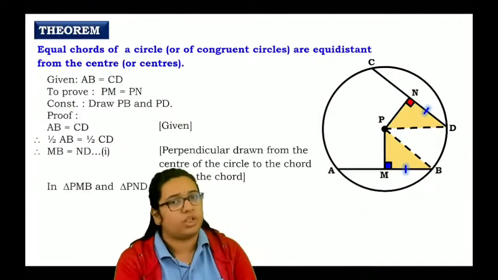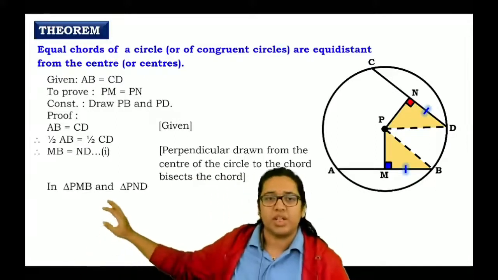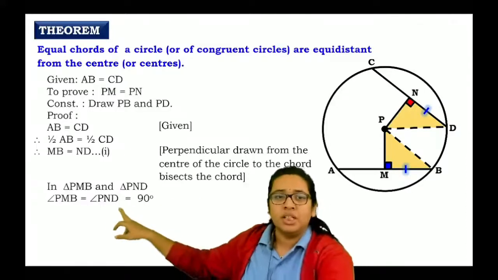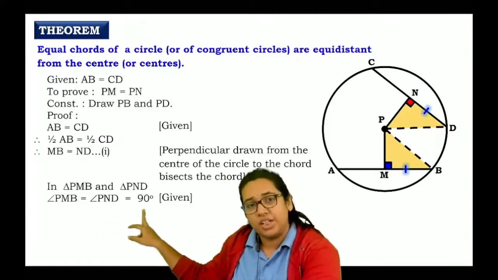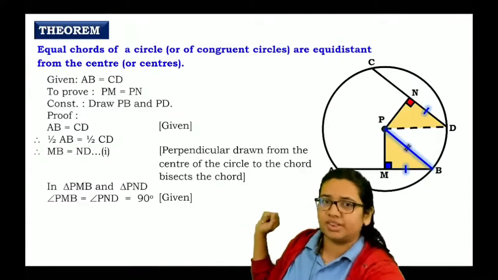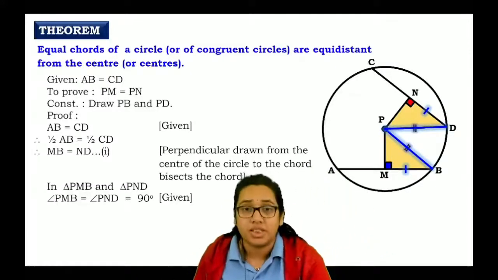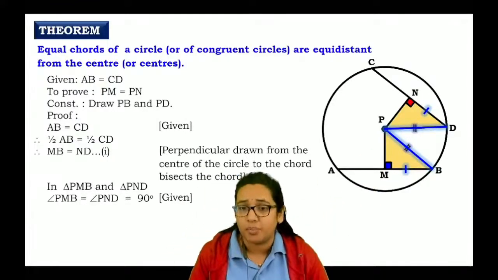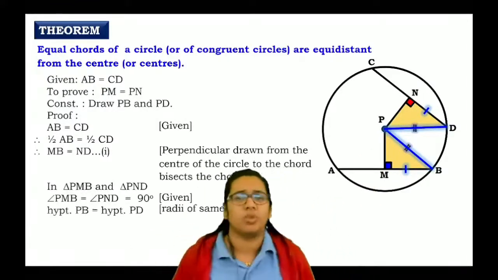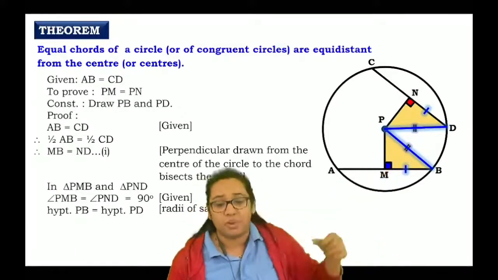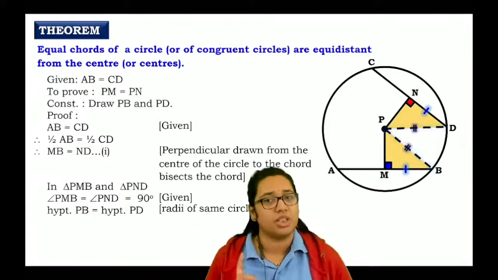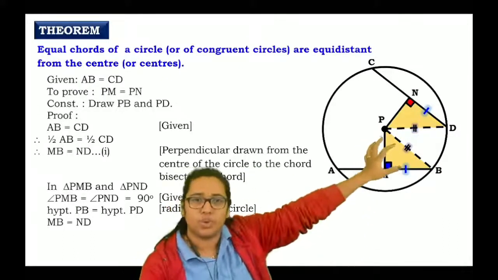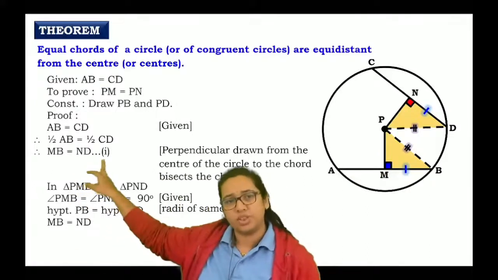Now we'll go for the actual proof. In triangles PMB and PND, we can say that angles PMB and PND are 90 degrees, correct? Next, the side opposite the 90-degree angle, which is the hypotenuse, is equal, because PB and PD are radii of the same circle. Getting this? Okay. Now MB equals ND, which we just proved in the first statement.